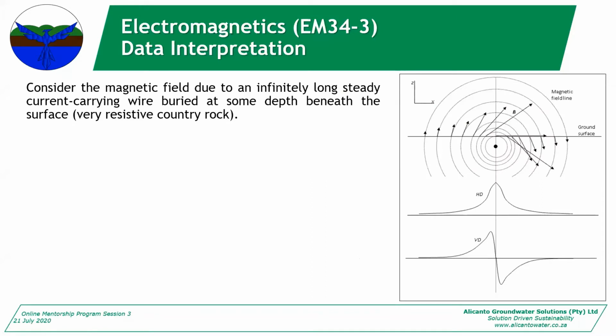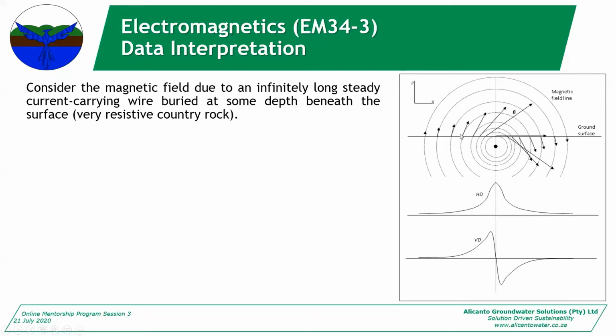Now, to get a high level understanding of the EM34, consider just the magnetic field. Do you remember in high school or first year physics, where you had your dot and a cross to show which way a current is going along a wire? In this one, the current is coming out of the screen, towards us, and the field it's generating is turning in a clockwise direction.